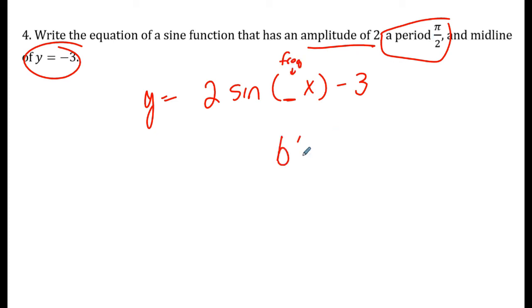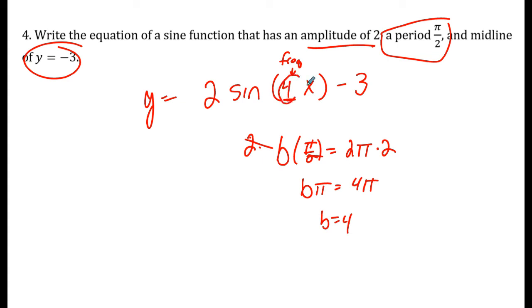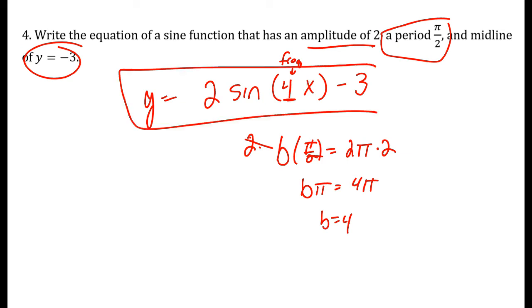I'm going to say bp equals 2 pi. Well, if I times 2, b pi equals 4 pi. So therefore, b has to equal 4. 4 is the number that goes in front of x. So that's my function there, 2 sine of 4x minus 3. That's a sine curve with that given information.